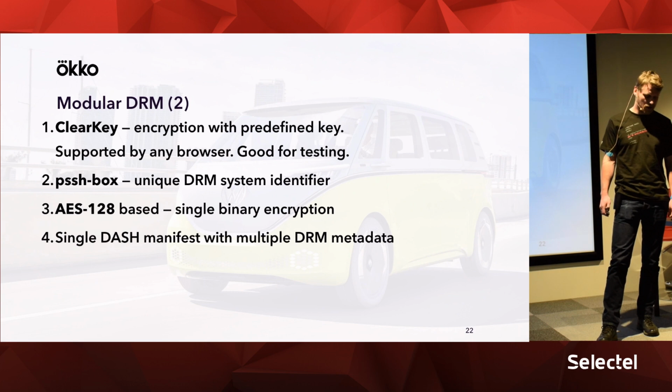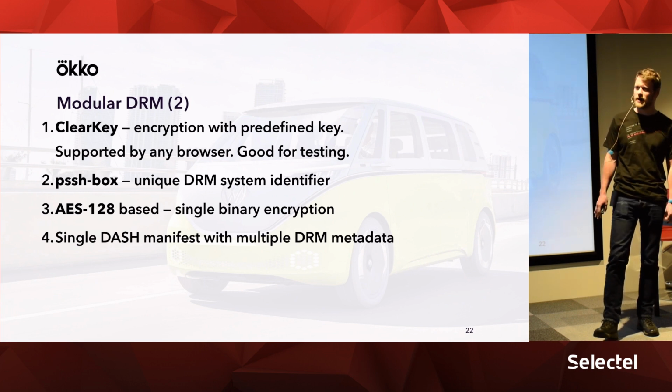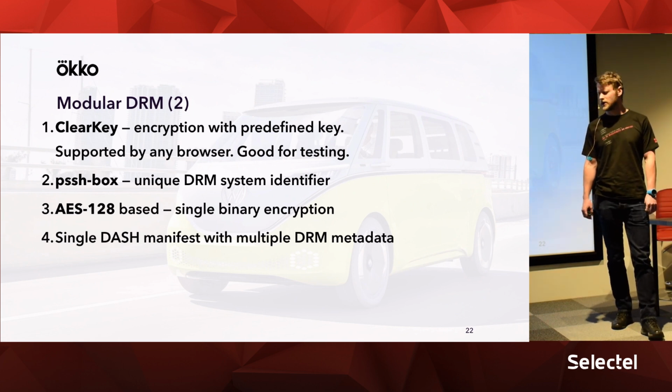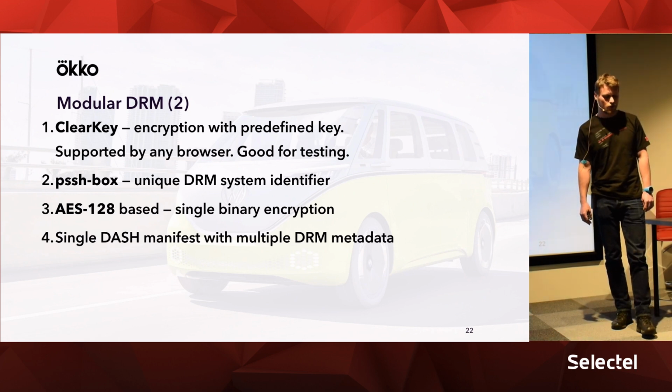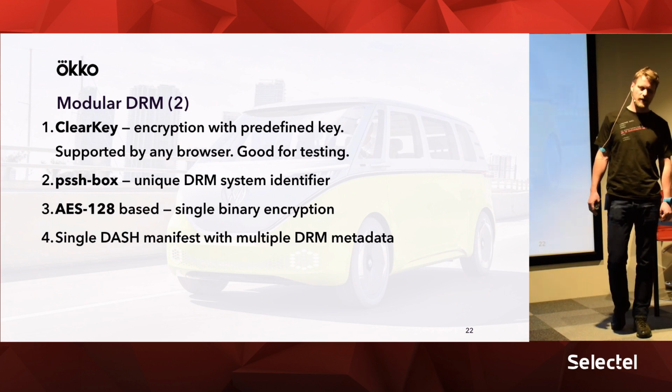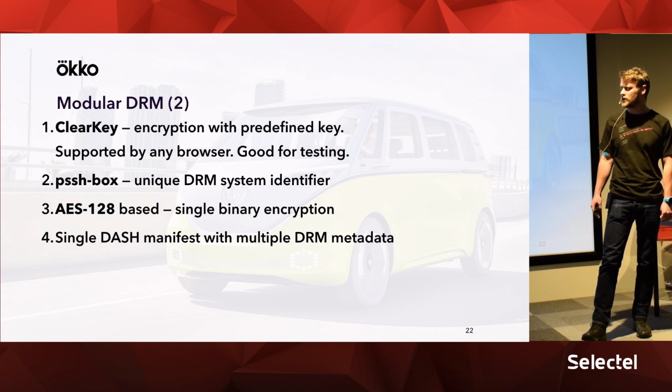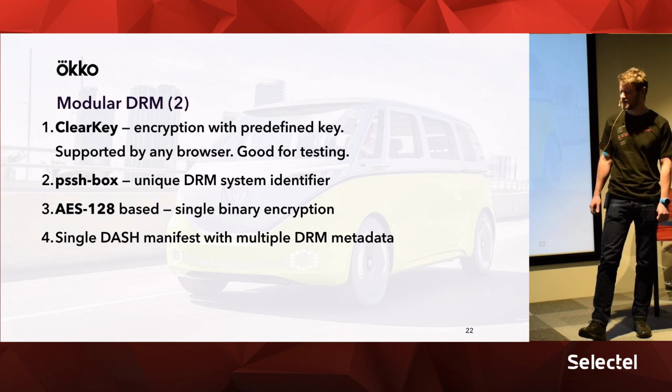Also, there are so-called PSSH boxes. These are unique DRM IDs that are stored inside the DASH manifest, and this gives you the ability to have several systems inside one manifest, because all of them, according to the Common Encryption standard, are using AES-128.